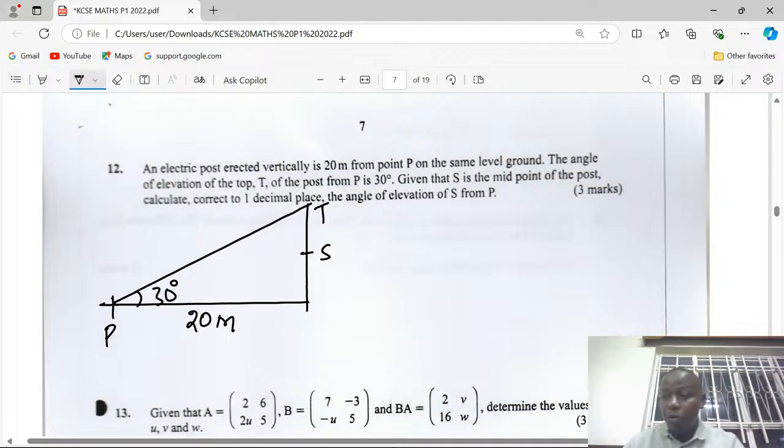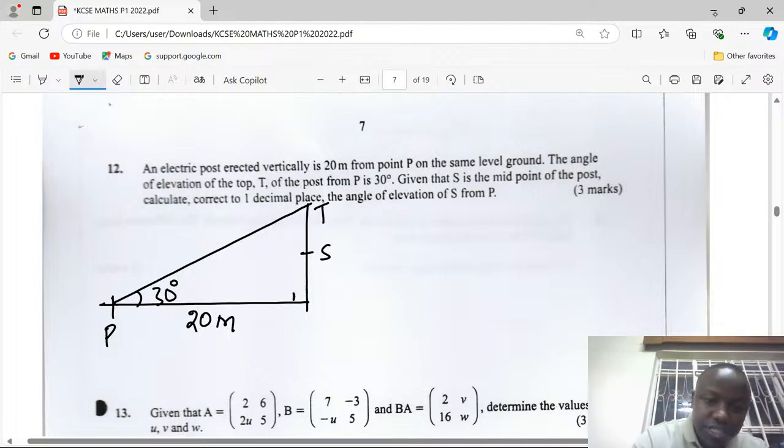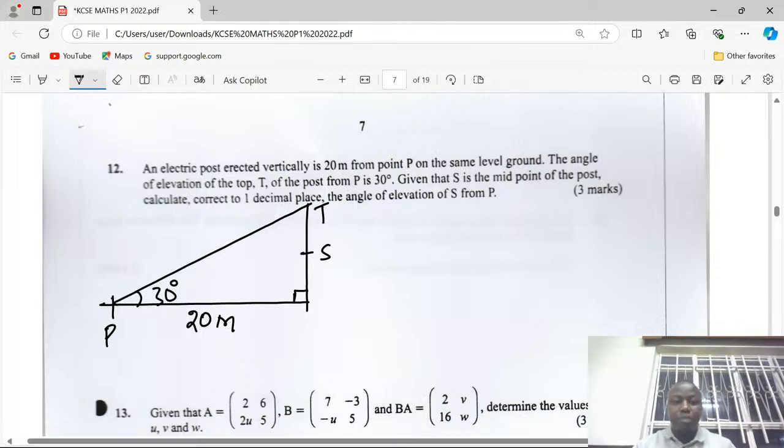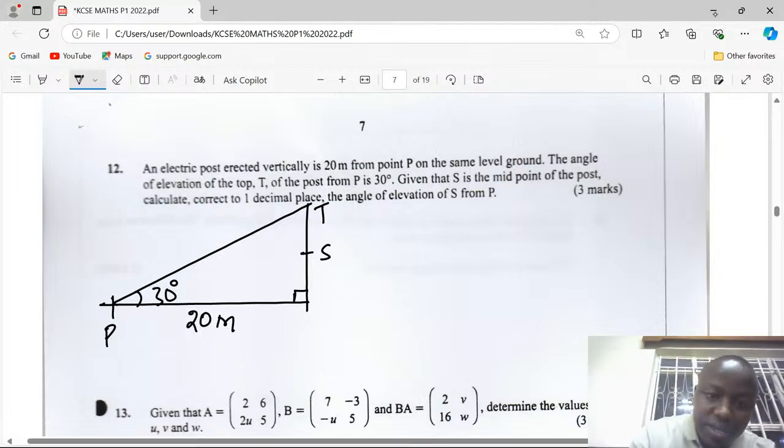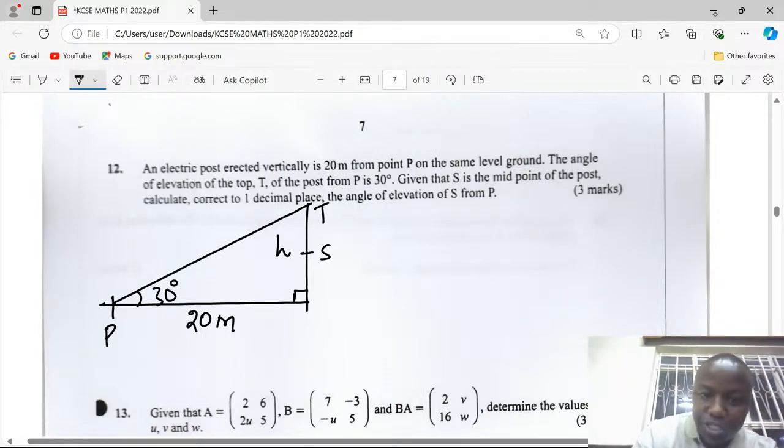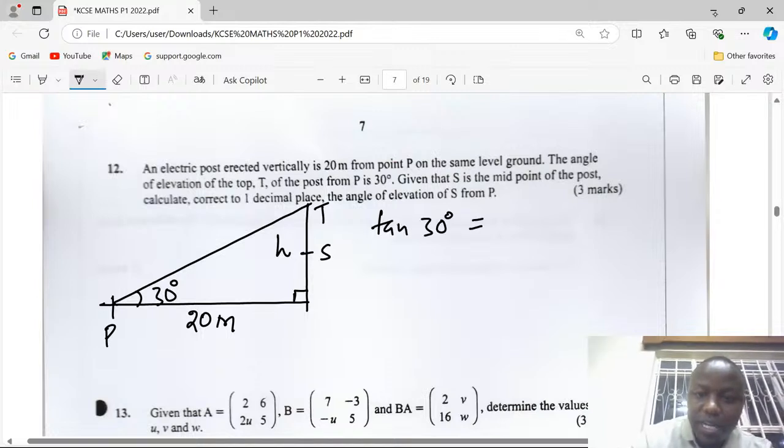We can first of all get the total height of this electric post, say its height is h. We can use tangent because we have an acute angle, the adjacent length, and we want the opposite. So tan 30 degrees is equivalent to h over 20.